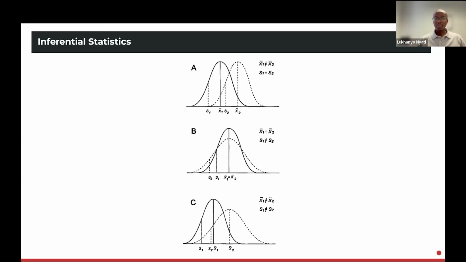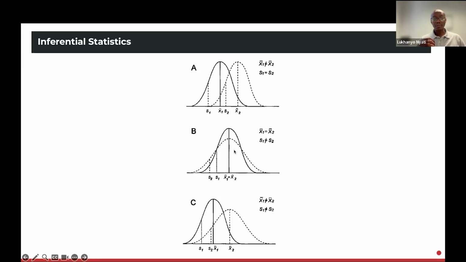And this is what I was talking about earlier, when you're making these comparisons, it is possible that the differences that you see are because the means are different, all right? So here in this particular case, the mean for group one is much lower than the mean for the second group, but the distribution is similar.